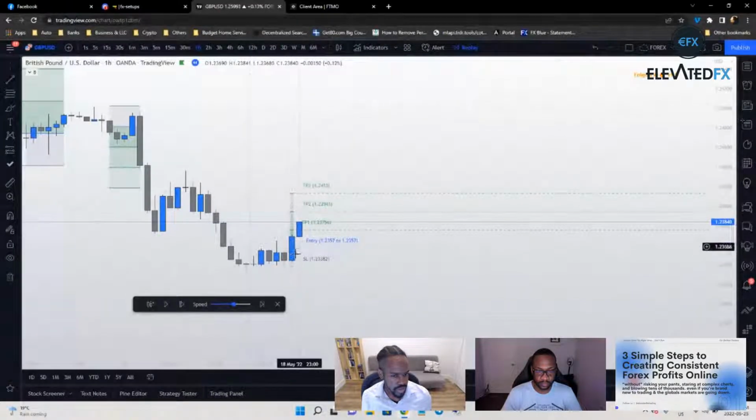So you have the stop loss, you have the entry, and you have the TP zones. Okay, so since it's a buy signal, you have the TPs above. If it's a sell signal like this one, it will be downwards. Okay, so let's continue.